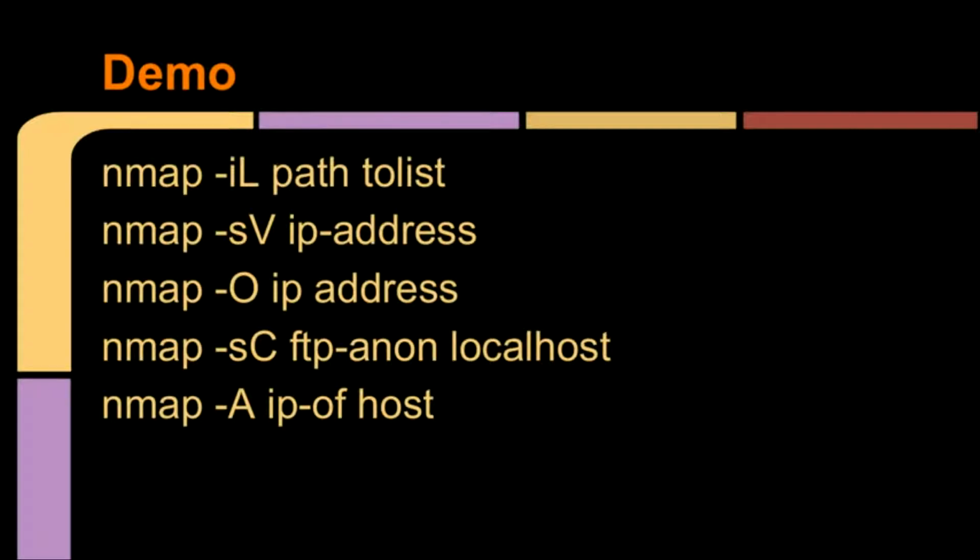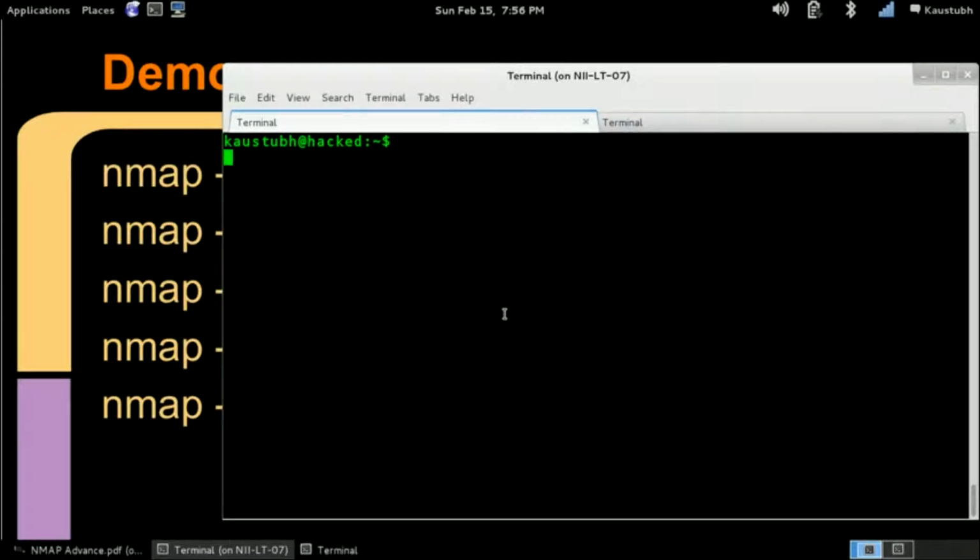Now the scripting engine, and that is very fantastic. I just love this. Sudo nmap hyphen small script. I'm running FTP, so I will run the FTP anonymous login script, ftp-anon, on my system, and the output will be unbelievable.